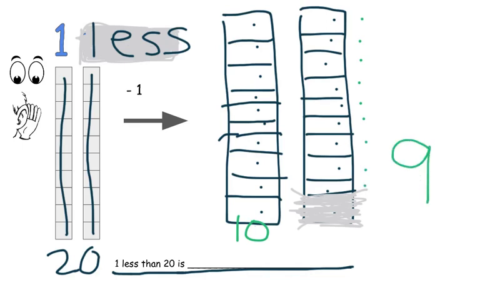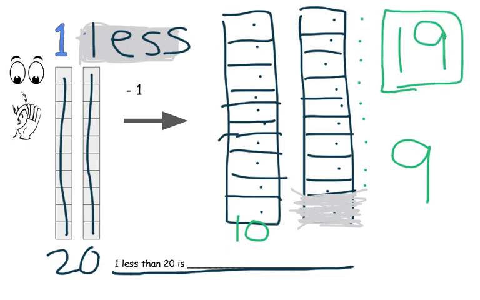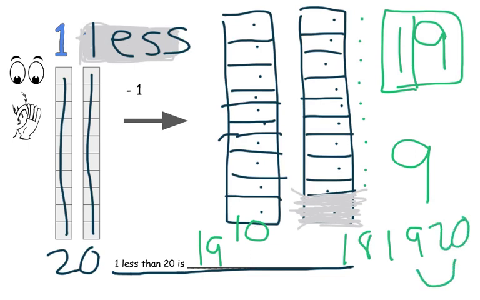So 10, 1 10, and 9 ones is 19. So 1 less than 20 is 19. Just like when we're counting the number before 20, we have 18, 19, 20. So 1 less is 19.